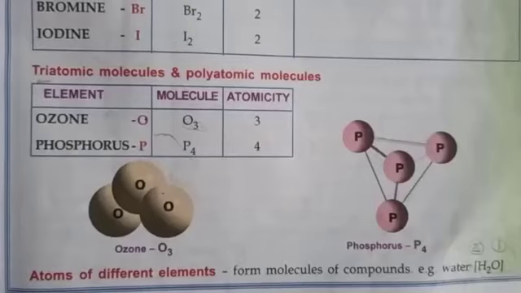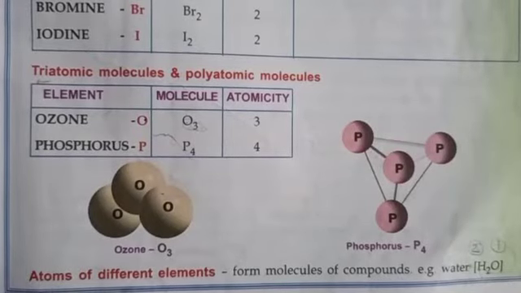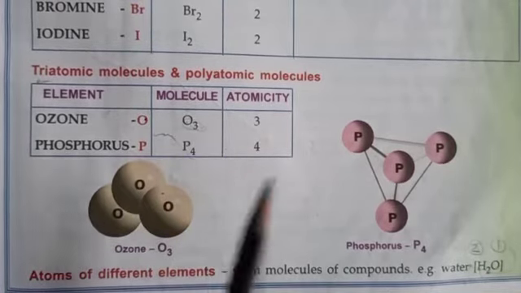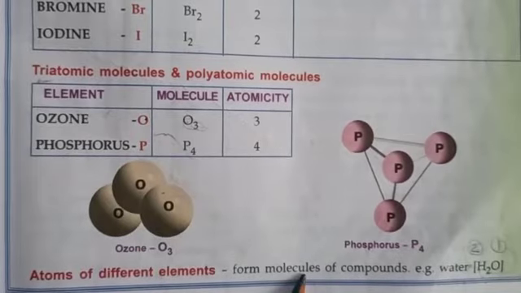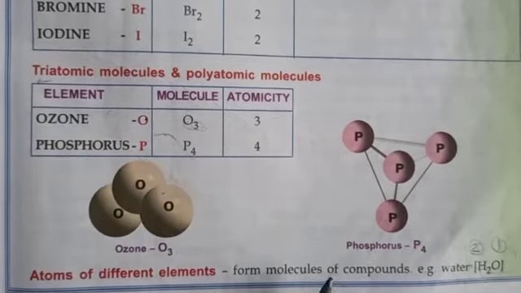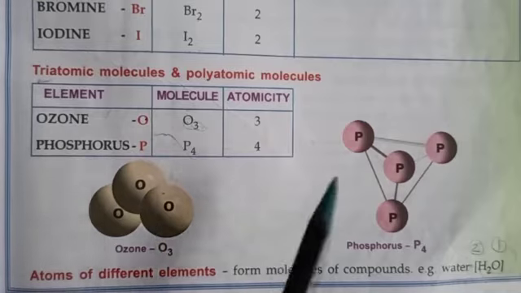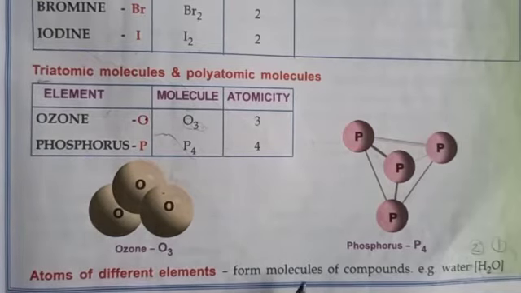Now students, atoms of different elements also combine to form a molecule. Here you have seen atoms of the same element, but now you will be studying molecules in which atoms of different elements combine to form molecules. For example, here you can see H2O.